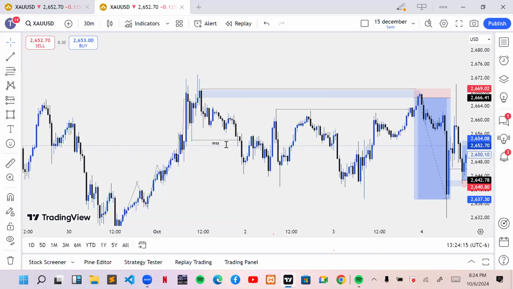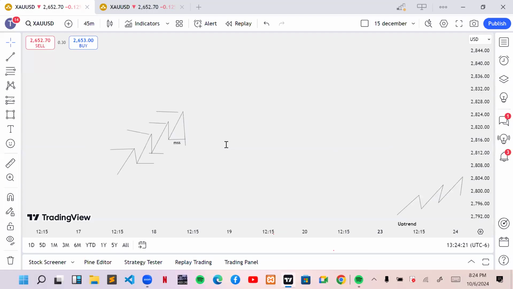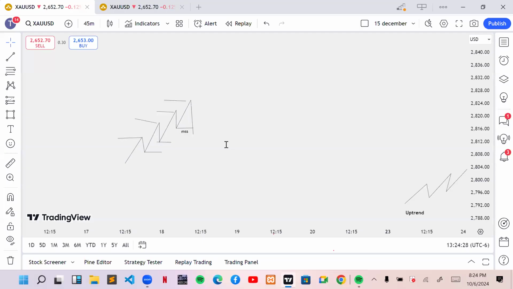This is the same as what I marked out here: the market on an uptrend making higher highs and higher lows, and then it broke the last low and made a lower low. This has already turned the market from a previous uptrend to a downtrend. That is market structure shift.